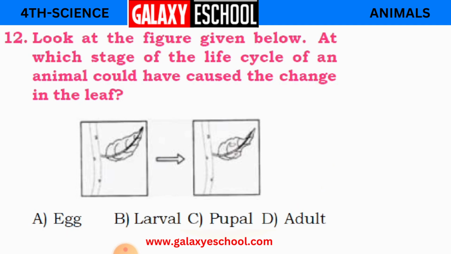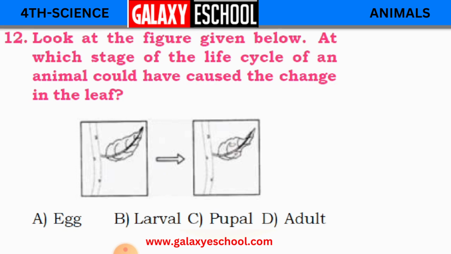At which stage of the life cycle of an animal could have caused the change in the leaf? See here you have got a picture children, and there is a leaf here, and we have to identify at which stage of the life cycle of an animal could have caused the change in the leaf. So there is a change in the leaf, yes or no?